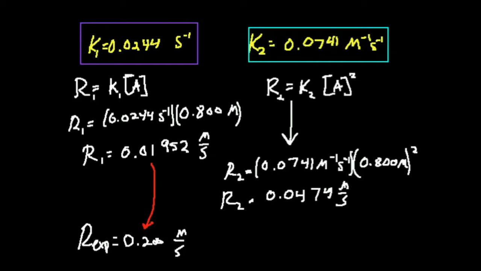In fact, this is almost 2.5 times this, okay? But this one's really close. So based only on the data that I have, I might say that this is probably a first order reaction. Because since the only reactant is A, the rate seems to vary linearly with A, not on its square or anything like that. So I might say because the rate is close to the experimental rate, it's first order.